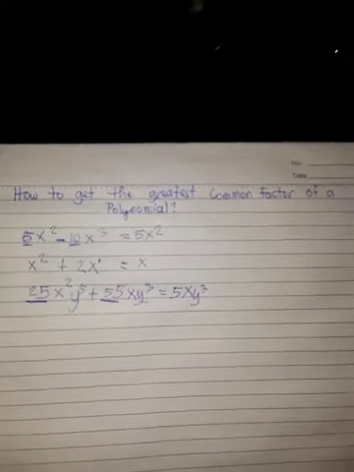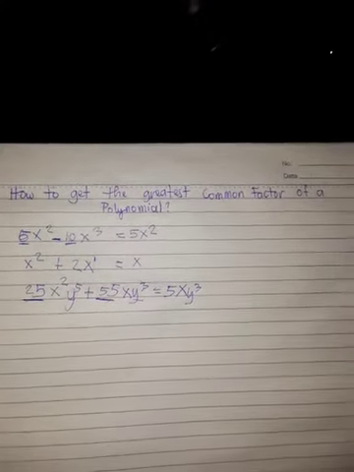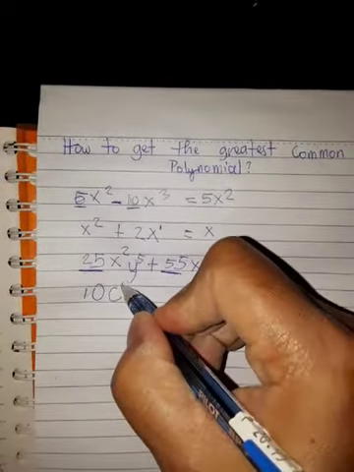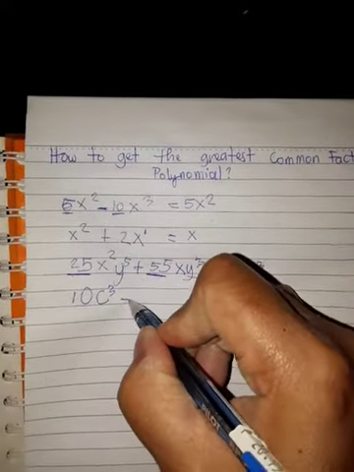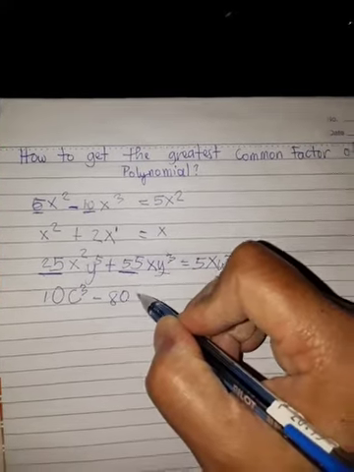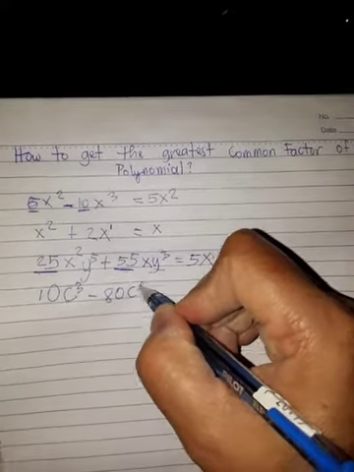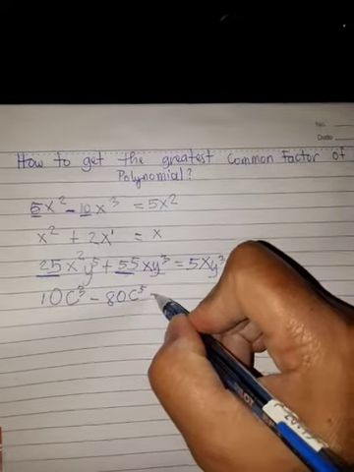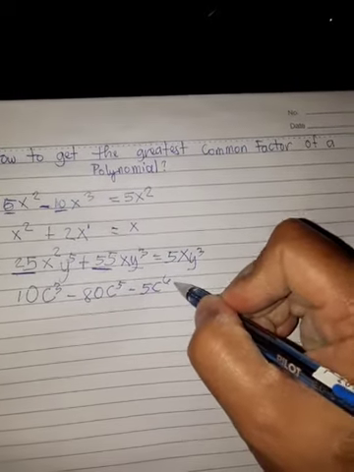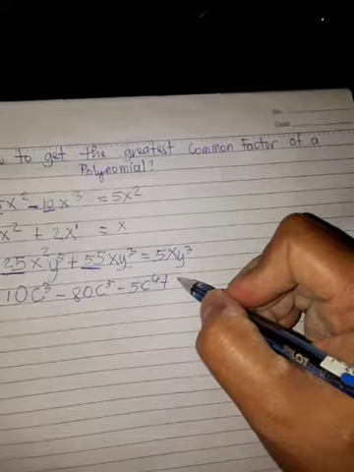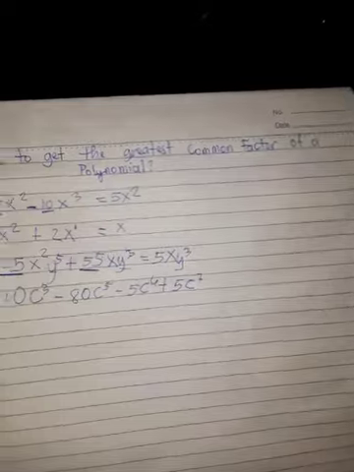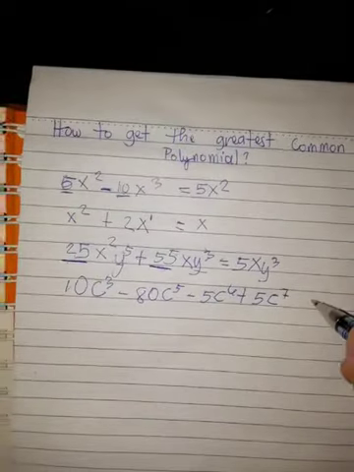Okay, easy, right? Let's have another example. We have 10c cubed minus 80c raised to 5 minus 5c to the 6 plus 5c raised to 7. I think this is quite long.